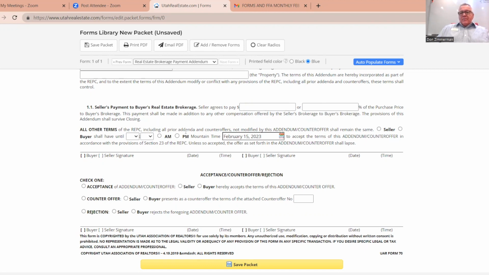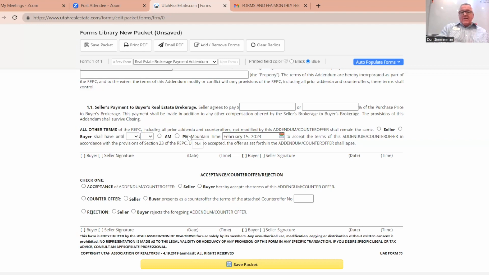What is that saying? If there's a 2.5% and your buyer says 3%, you tell them, I'm not going to come after you for the additional, but the only way that we can increase that to 3% is if we do this form, because the buyer has to ask the seller to increase the commission. A company cannot ask another company to do it. An agent cannot ask another agent to increase the commission.